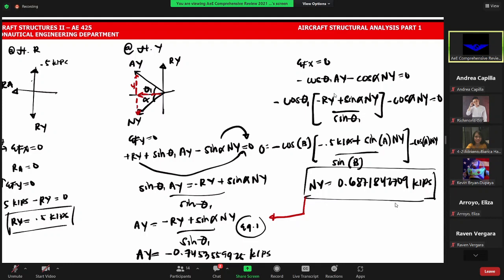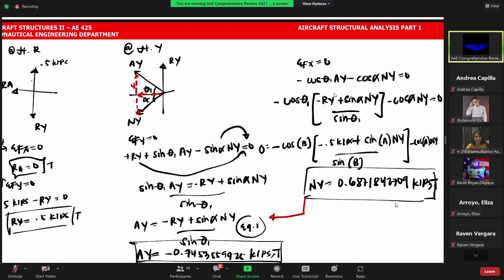Two of you have the same answer. So that is Ay. Guys, don't forget that we assumed tension for these. So Ry is also tension, and then Ra is 0, also tension.